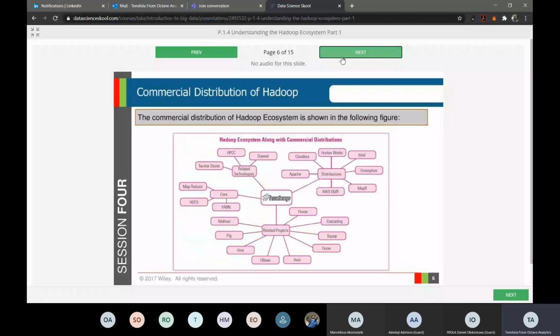Okay, so this is more or less like a diagram explaining the different tools and technologies in the Hadoop ecosystem and commercial distributions like that. Funnily enough, this diagram is not everything that you can use in the Hadoop ecosystem. It's far more than this.